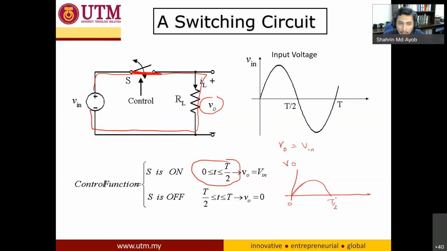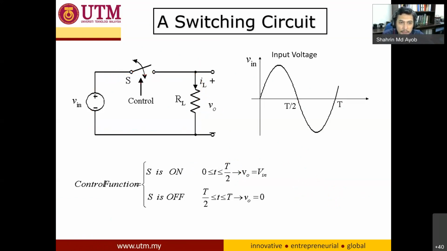And from the half cycle to the full cycle, the switch is off. So when the switch is off, your V out is no longer connected to the source. So your V out is 0, because there is no connection.